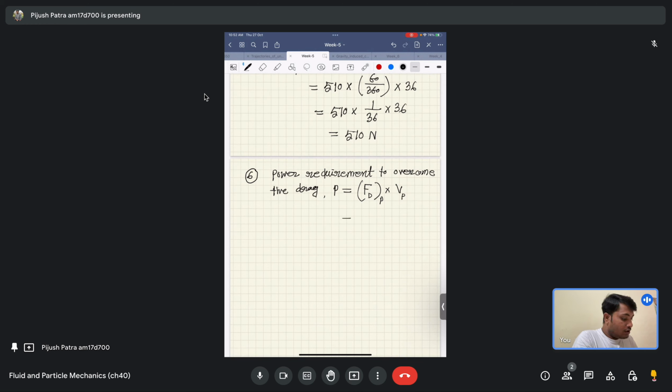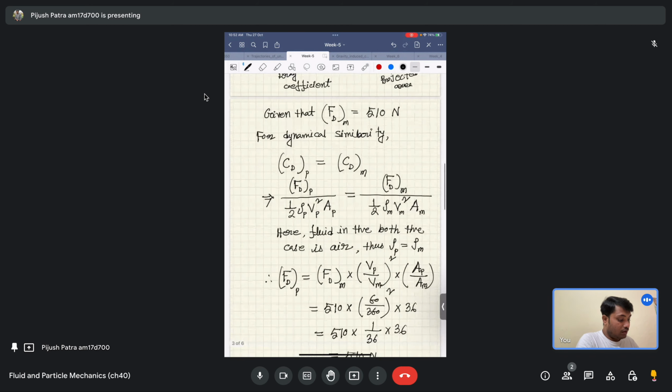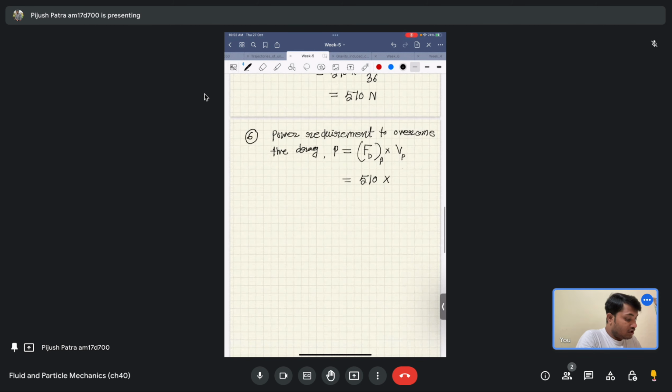Okay, that is the drag force, 510 Newton, into 60 kilometer per hour, right? So it is 60 kilometer per hour. Yes. So 60 into 10 cube divided by 3600, that is meter per second, and this is also in Newton.